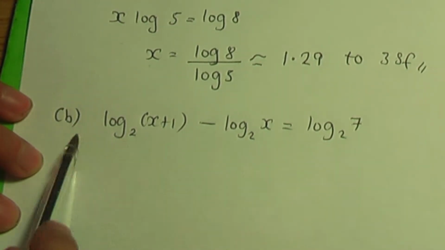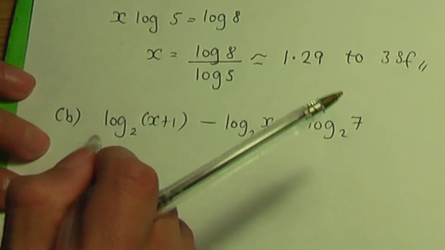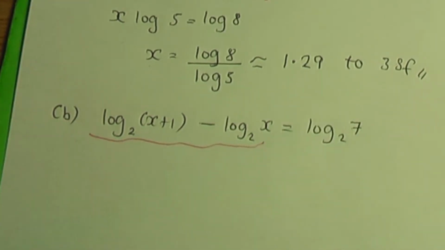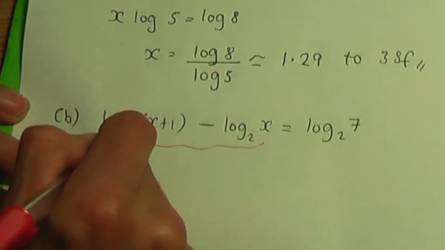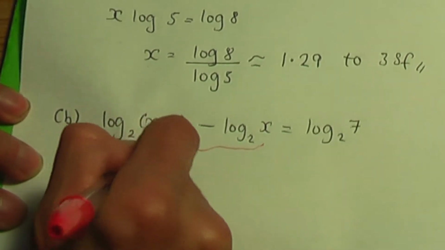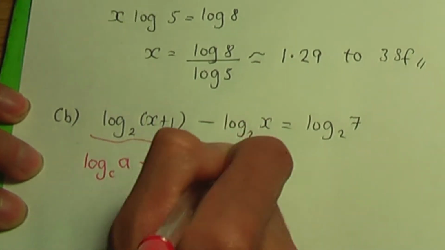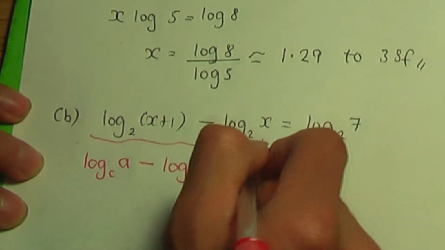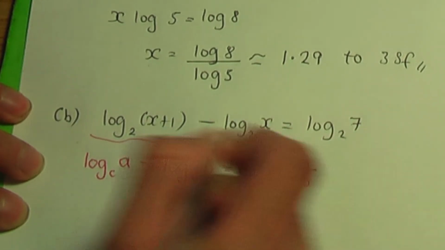Now we are going to use a law of logarithms to rewrite the left hand term. Now there is a law that states that if you have log of a to the base of c minus log of b to the base of c, that can be written as log of a over b to the base of c.